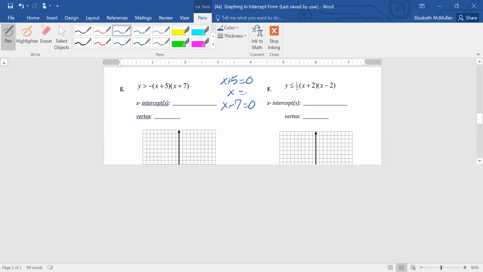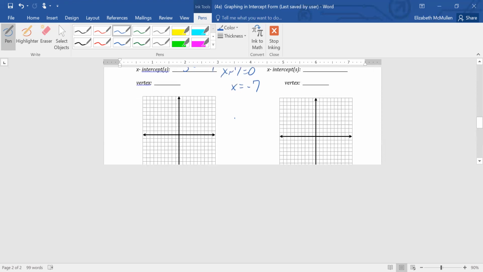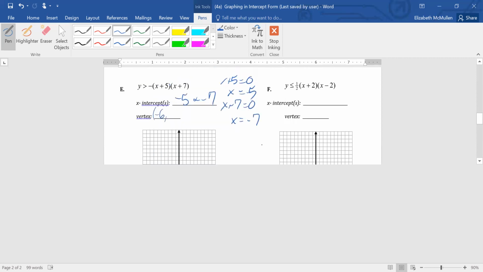So x equals negative 5. x equals negative 7. So my intercepts are at negative 5 and negative 7. So negative 7, negative 5, split the difference is going to be at negative 6.